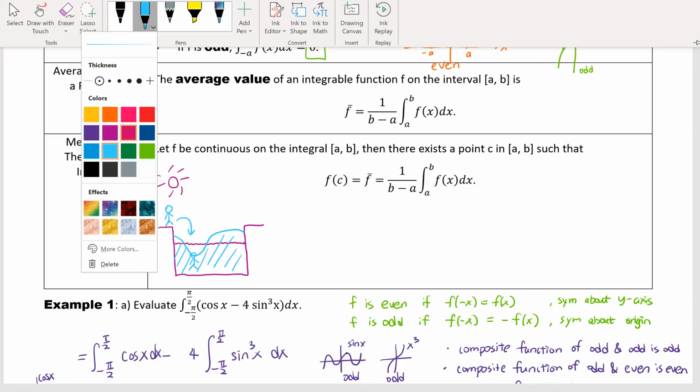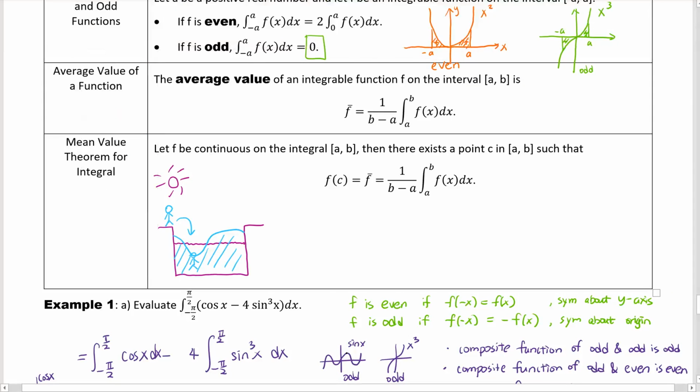Let's assume you're very, very skinny, so we can ignore your volume. What's special about the blue area and the purple area? They are the same, right, if we neglect your area. So the blue area equals the purple area.